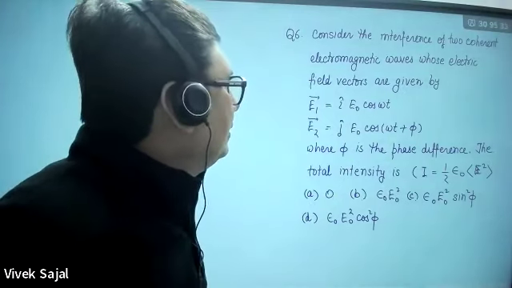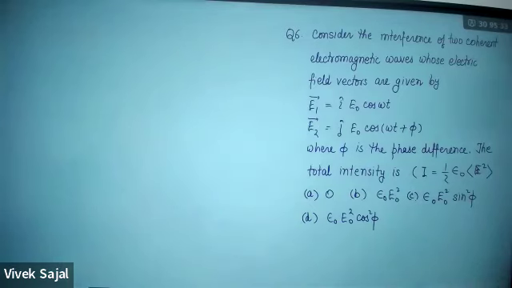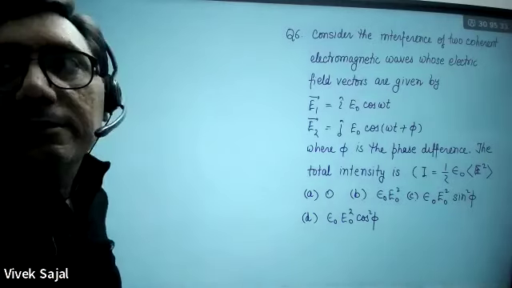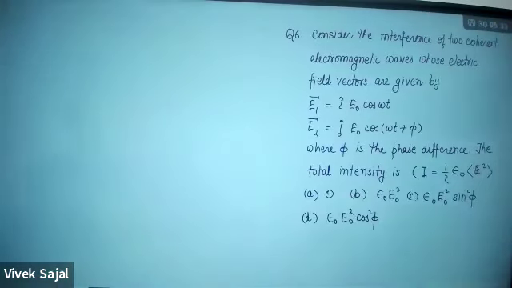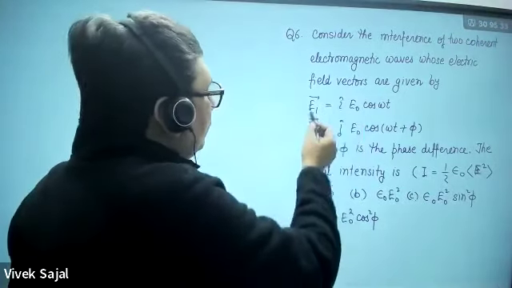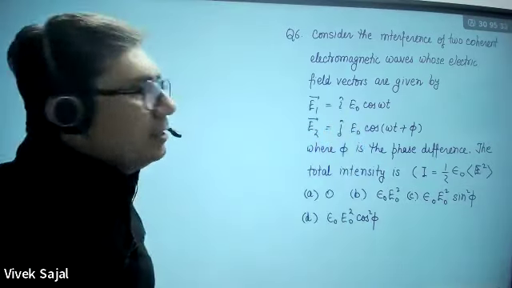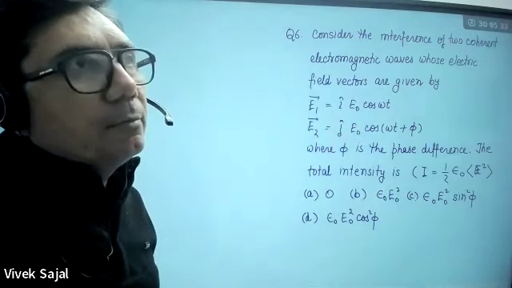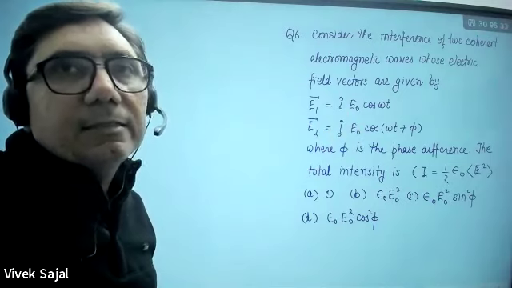You have to find out the total intensity, beta. What will be the total intensity? They have perpendicular polarizations. If you look at this, E1 and E2 have perpendicular polarizations. What is their polarization? That is perpendicular.